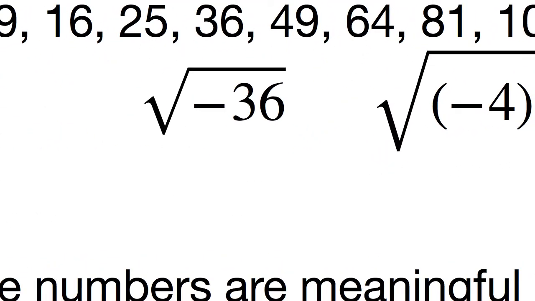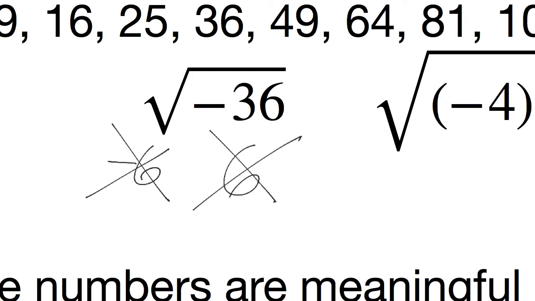Negative 36. What times itself is negative 36? Well, actually, no number times itself is negative 36. You try to say that it's negative 6, that's wrong, because negative 6 times itself is positive 36. And positive 6 times itself is also positive 36. So neither of those two numbers work.